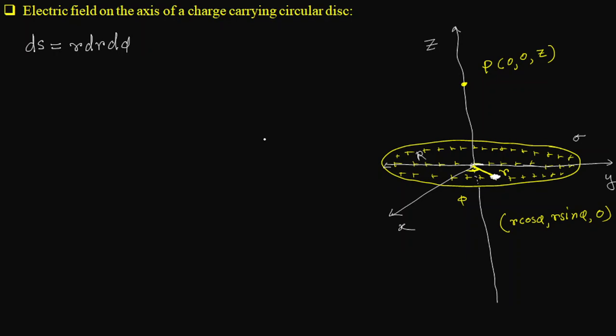Next, we have to write the position vector of P with respect to this point. So let me join these two points first. Now we have to write the position vector of P, say r vector, with respect to this point. What will be the position vector?